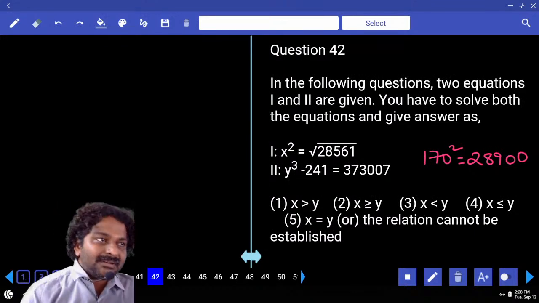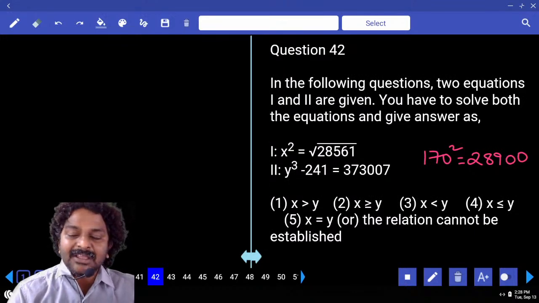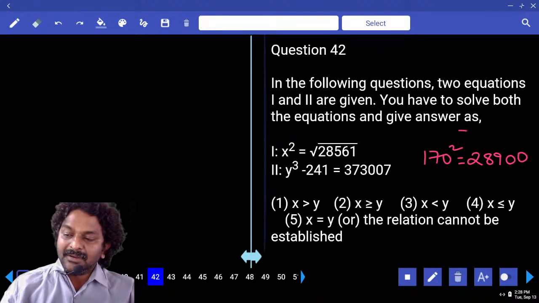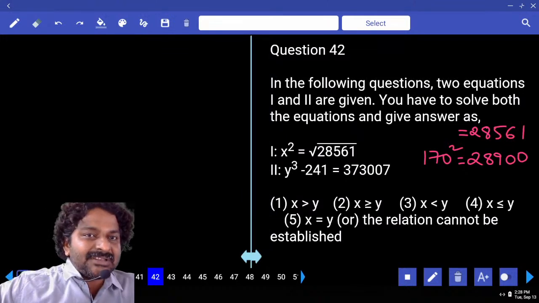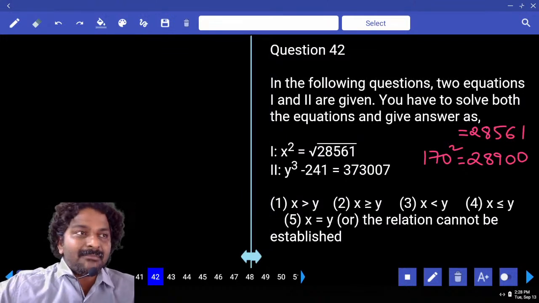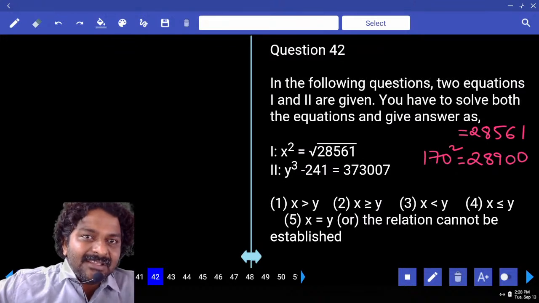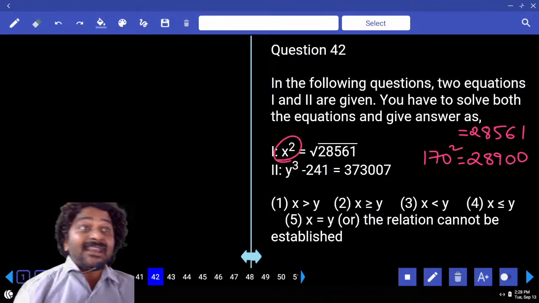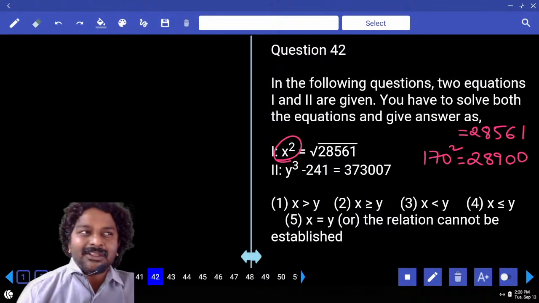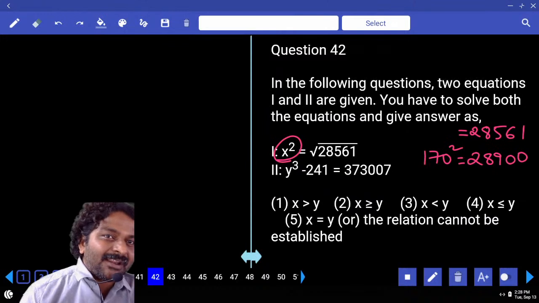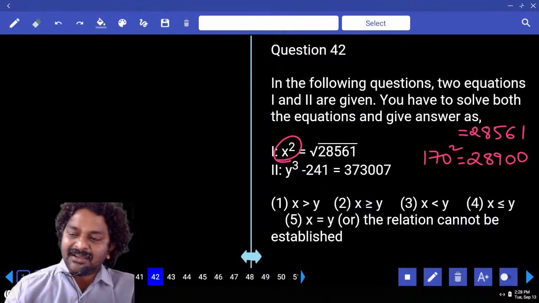Look at our number. 28,561, which is less than 28,900 only. So our number must be definitely less than 170, and x square is equal to that particular number. So whatever the under root value that you are getting, that must be a perfect square, right? And should be less than 175, right? 170, right? What is the value?